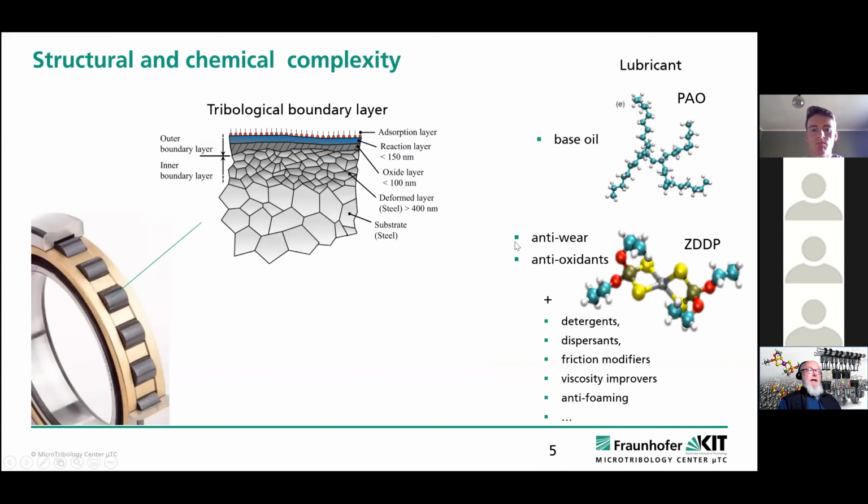You might have some anti-wear additives, ZDDP as plotted here, and a lot of other additive chemistry, which provides a lot of elements, which you can also find here in this reaction layer and as an adsorption layer. And Stuart told us something about these adsorption layers here.